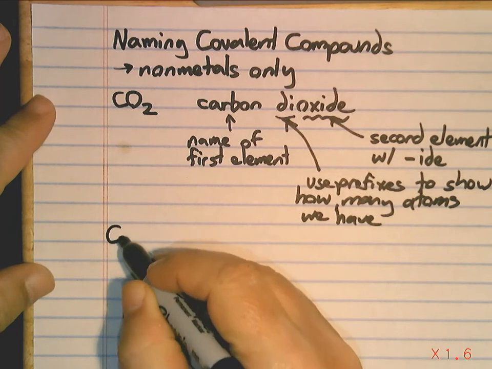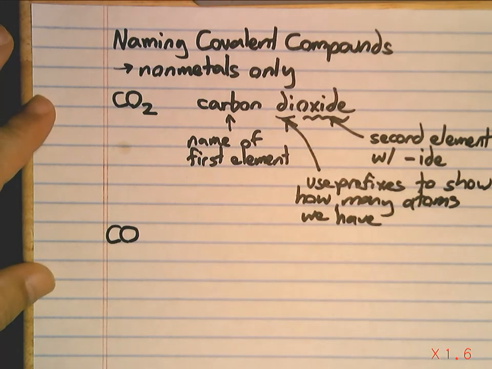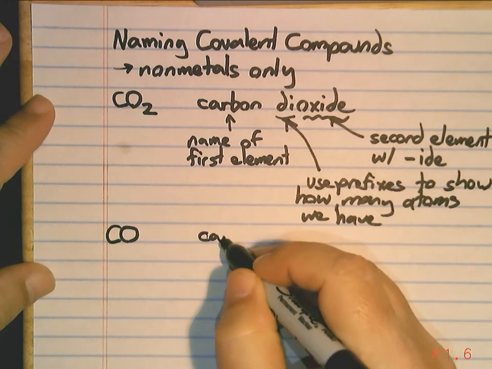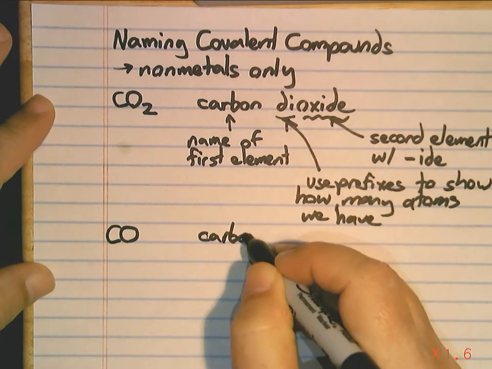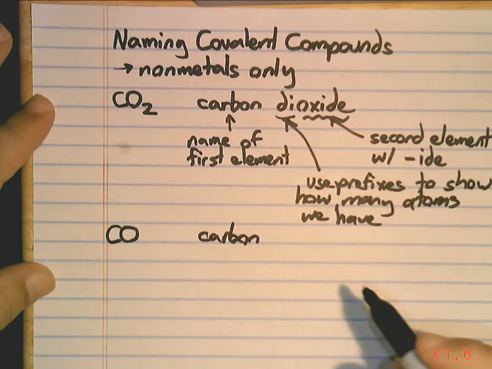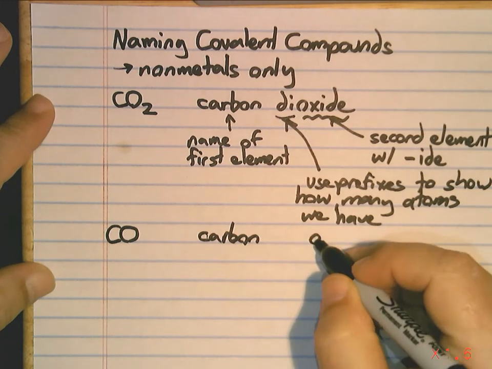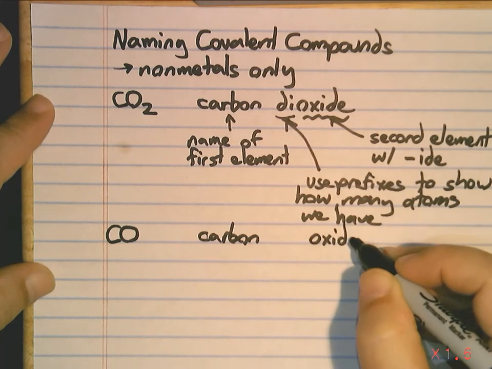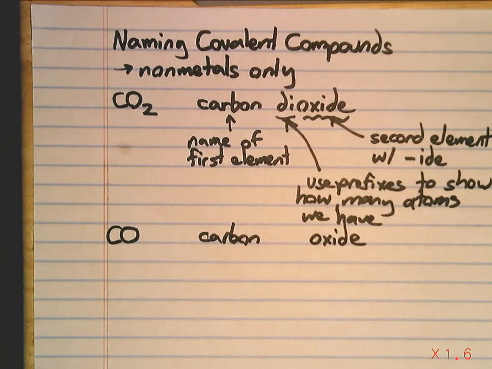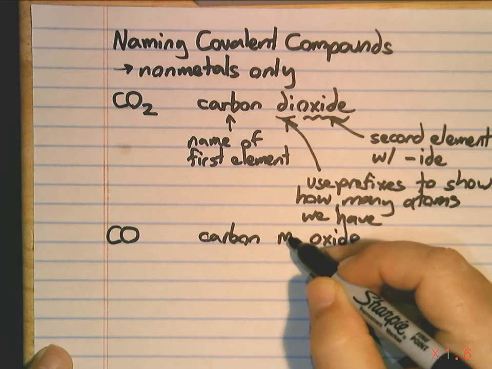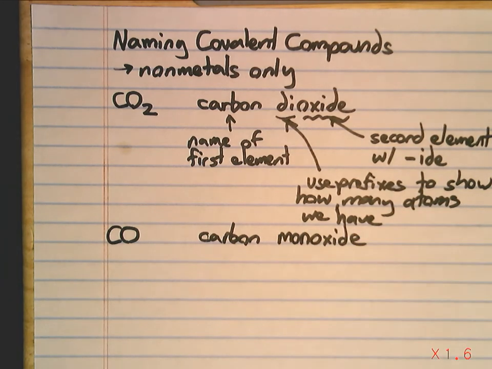If we have CO, which is much different from CO2, how are we going to name that? Carbon is the name of the first element, and the name of the second element with an IDE is oxide, and we have to say how many we've got, and we can use a mon or a mono prefix on that to say that we have one.